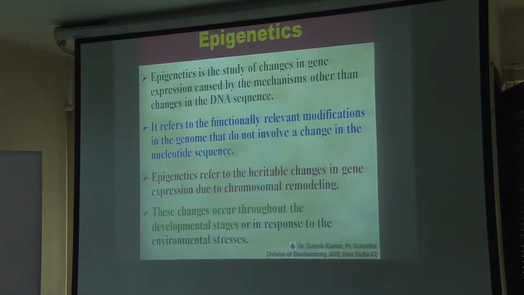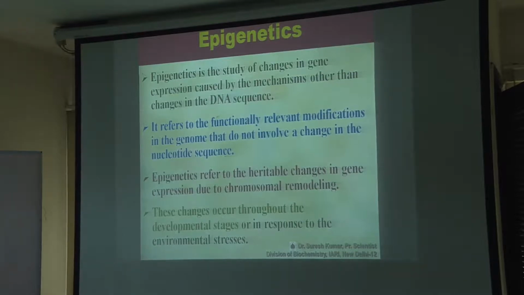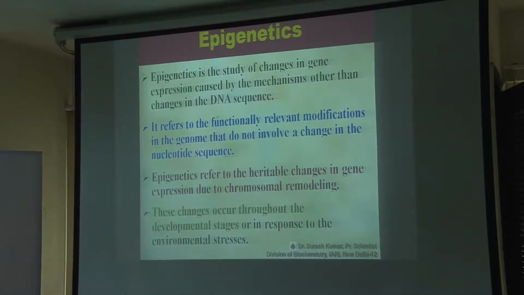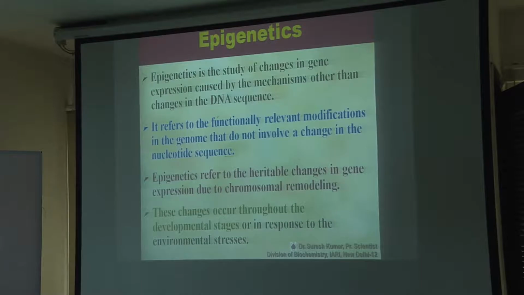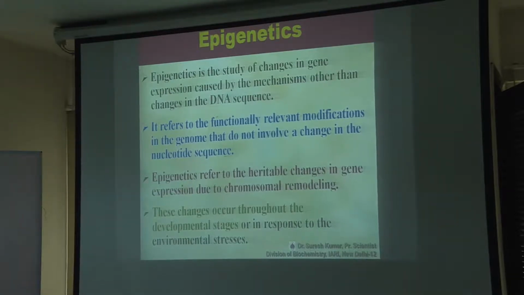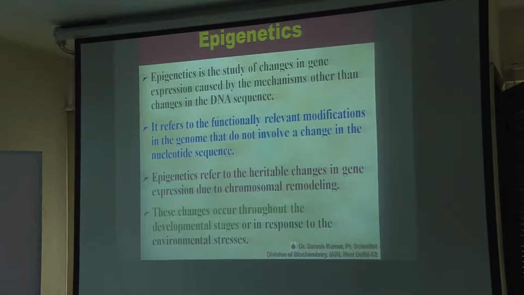And this was not earlier known. You may remember Lamarckism. The law given by Lamarck was inheritance of acquired characters, and after some time Darwin proposed the law of natural selection or survival of the fittest.